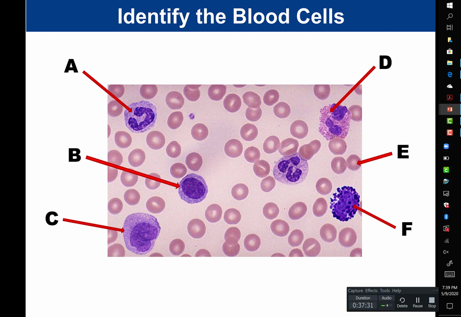Lymphocytes, little. If I were to ask you about this one, what type of cell is that one? Answer is, it's a neutrophil, right? So that's another neutrophil. That's a mature neutrophil, which again, we call a seg, for segmented nucleus.